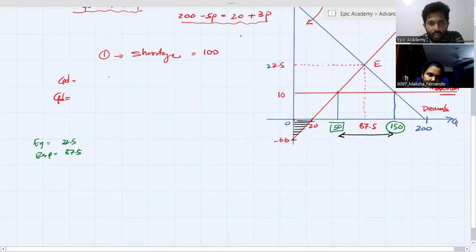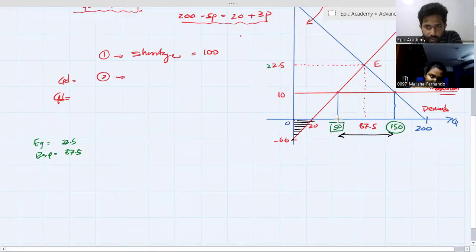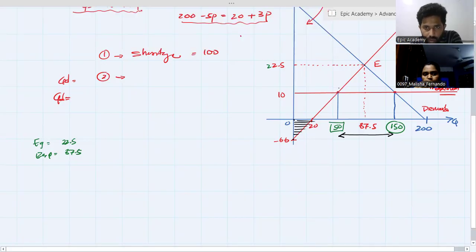So what will happen to the price of the commodity? After the shortage, it must be increased. Which amount? Now you can identify this is the amount. We can call it the black market price.